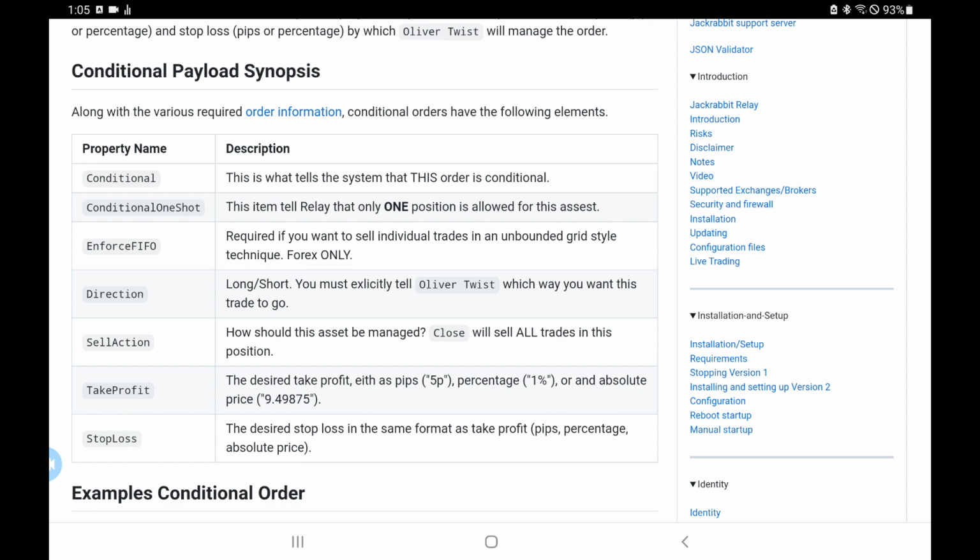What it does do is add an additional layer to the order that gives you the ability to process the order through Relay directly, and specifically through the Oliver Twist order manager. So we have the basics here on the screen for what is capable and required within the order. Let's get straight into examples.